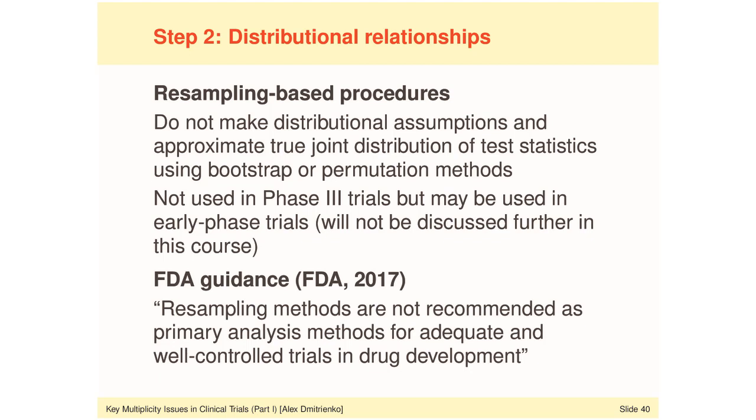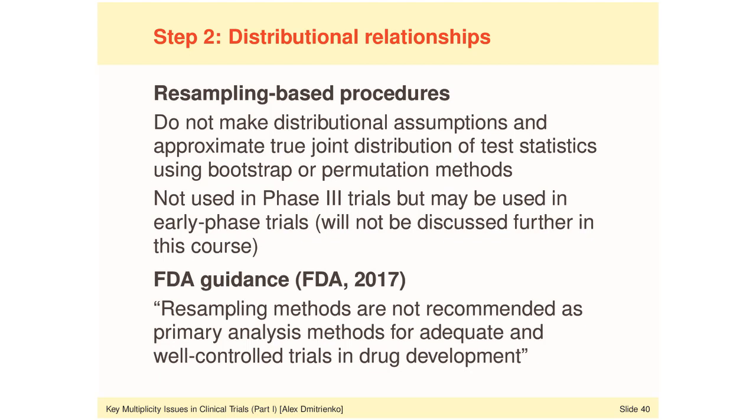And this is accomplished by using resampling-based methods, for example, the bootstrap or permutation methods. Resampling-based procedures essentially rely on approximation when evaluating the null distribution of the test statistics, and from a theoretical perspective, they can guarantee type 1 error rate control only asymptotically when the sample size in a trial goes to infinity.